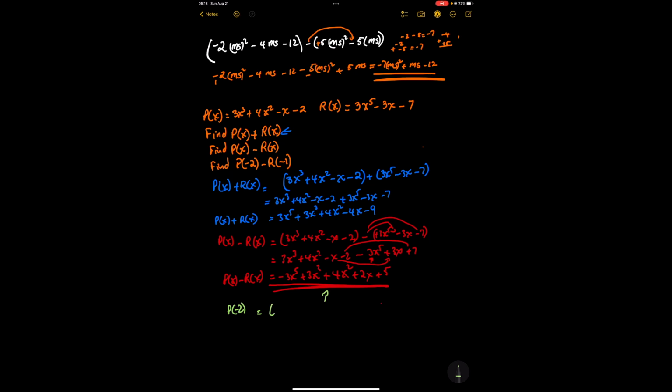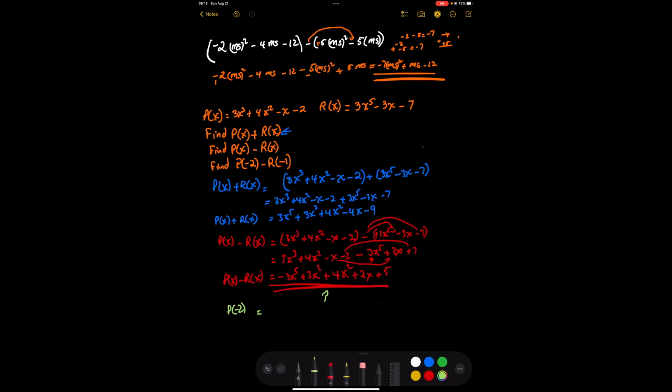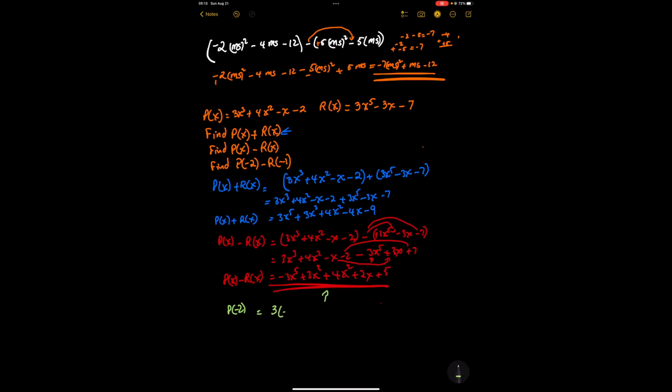So that would be 3 times negative 2 cubed plus 4 times negative 2 squared minus negative 2 minus 2.